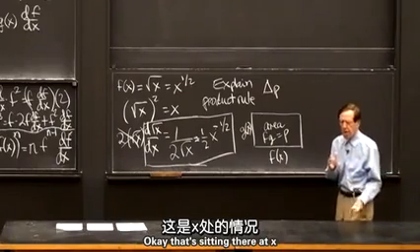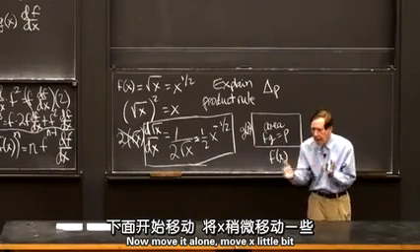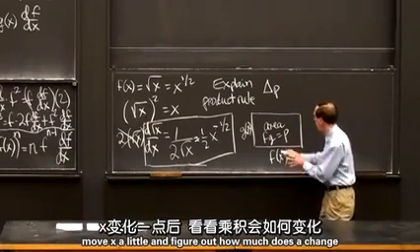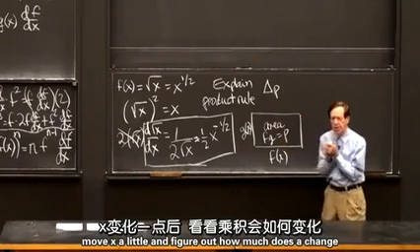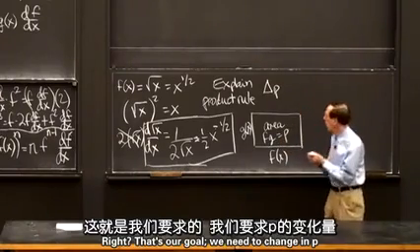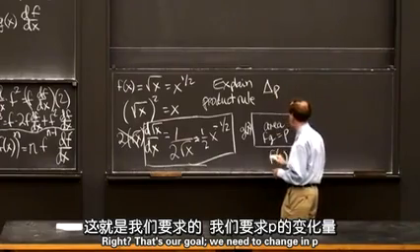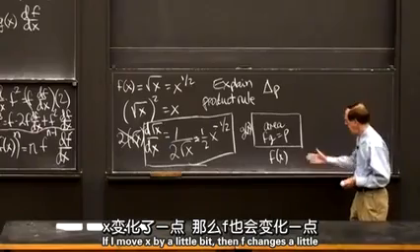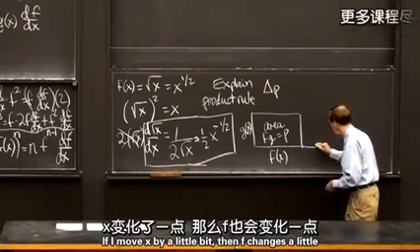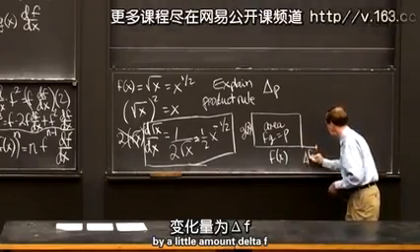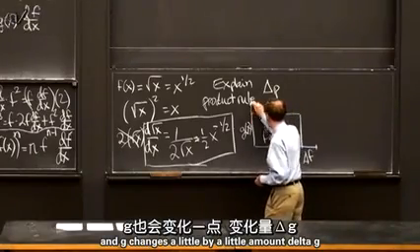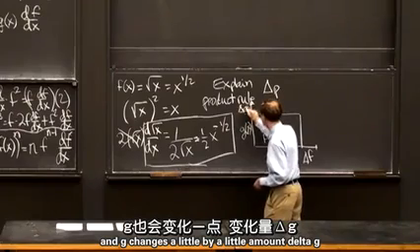Now, move x a little bit, and figure out how much p changes. That's our goal. We need the change in p. If I move x by a little bit, then f changes by a little amount delta f, and g changes by a little amount delta g.